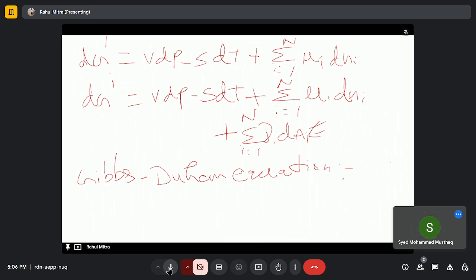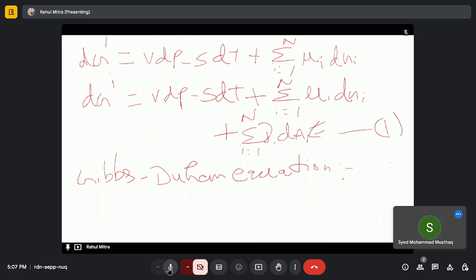For example, the chemical potential depends on the number of particles in the system, and this equation gives the relationship between the dependent properties, or you can say extensive properties. So in this case, let's say I describe this as equation number 1 for this derivation.